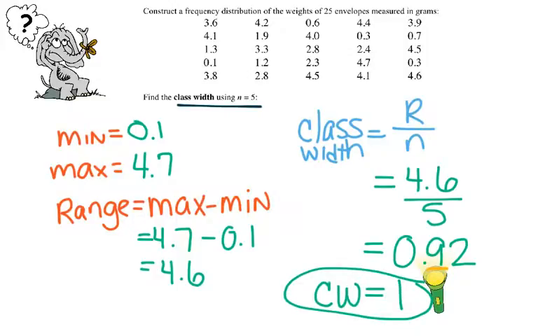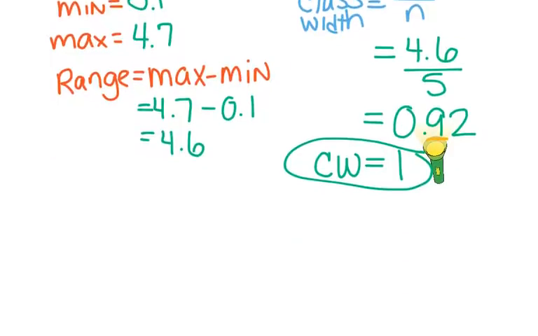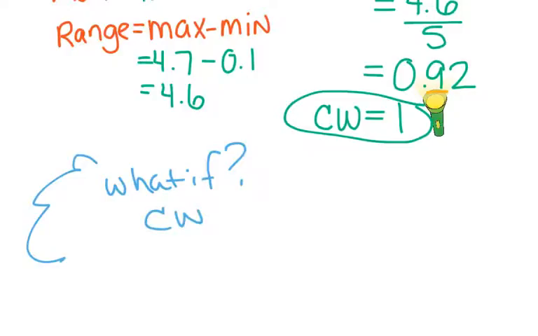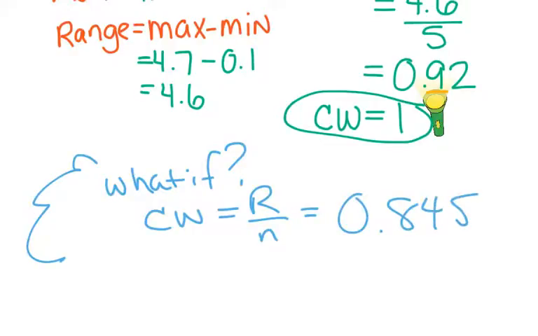Let's just say an example is that for this given data set, what if we had a class width calculation and R over N comes out to be 0.845.